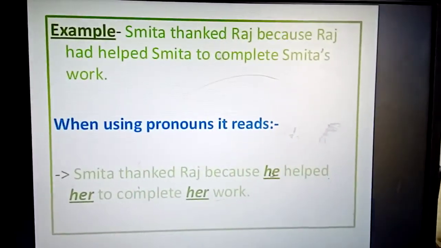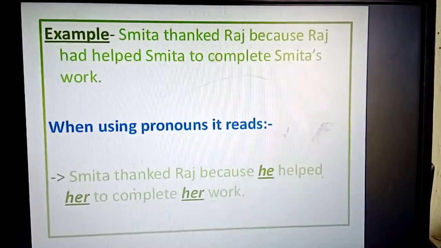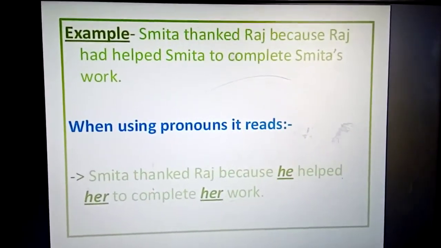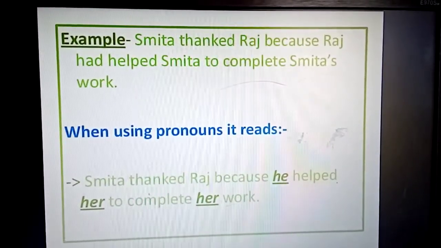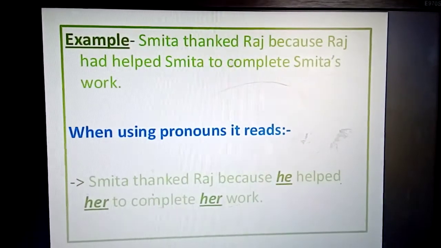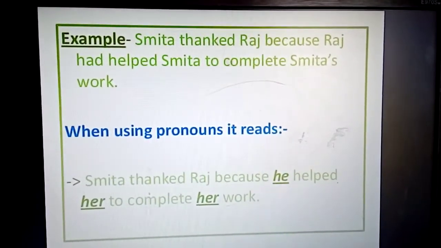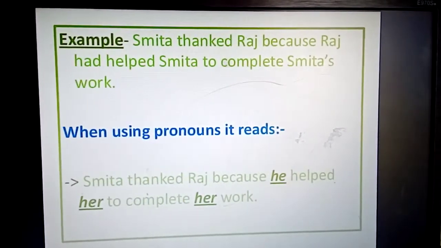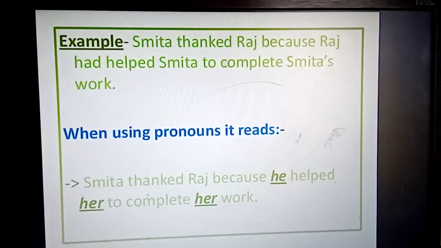So, this is the use of pronoun. We avoid repetition of the same noun in the given sentence or paragraph. So, to avoid that, we will use he or another pronoun in place of the same noun.